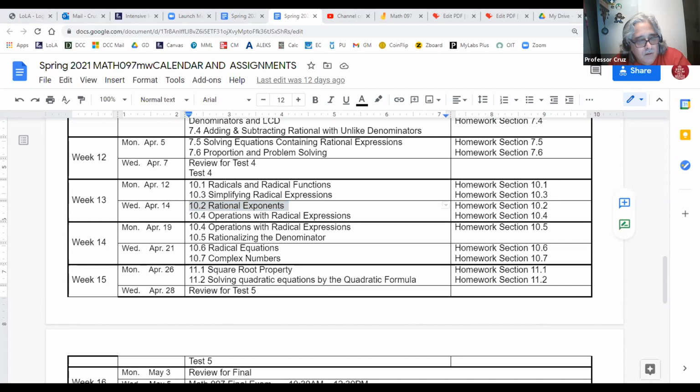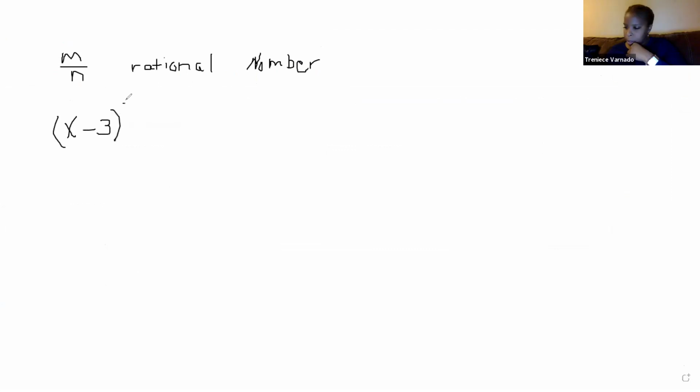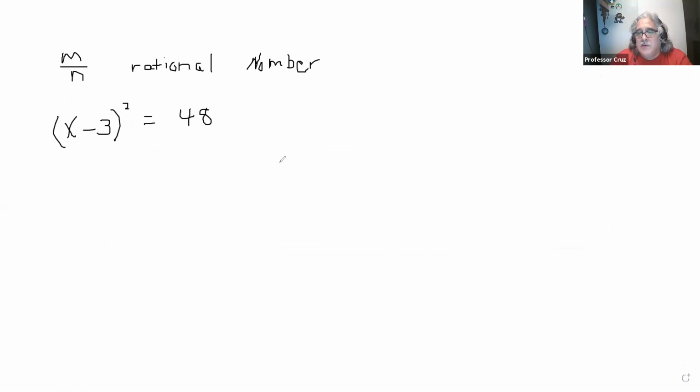I came across this problem, I think problem number 8, and it was x minus 3, in parentheses, squared, equals 48. That's what we were doing earlier today.